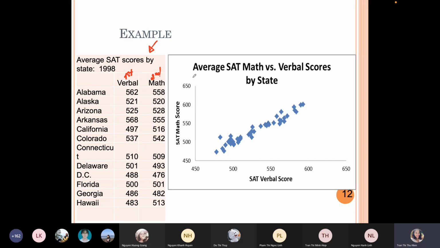So when you make the scatter diagram, it indicates some points. For the first point like that, it is about 470 verbal score, 400 and so on.